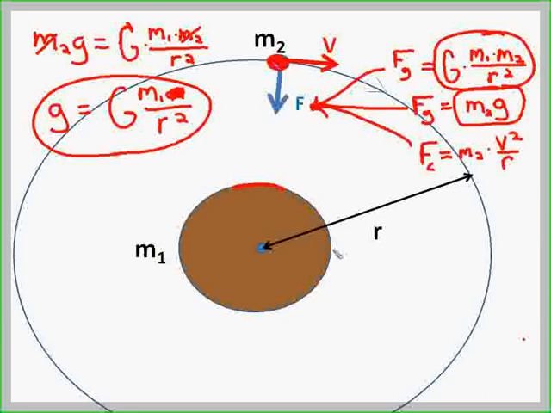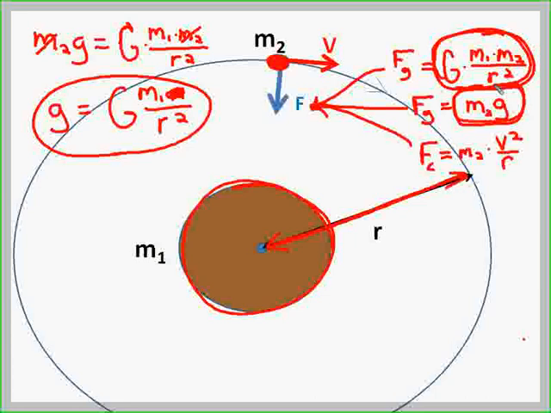If I know the mass of the planet down here, and I know how far away that orbiting object is from the center of the Earth, the acceleration due to gravity up there equals big G m1 over r squared. Some people like to memorize that formula. I myself just remember these formulas over here, and I just know that I could whip that formula up by setting any two right-hand sides equal to each other.